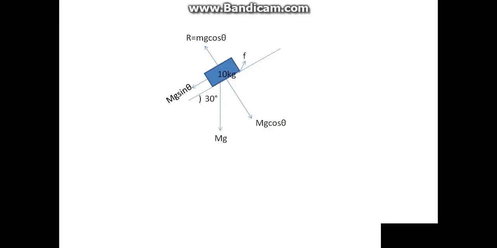Resolving the force of the body on the inclined plane, we have that the body of mass 10 kg is being pulled by a force mg sin theta down the plane, and the resistance force small f is trying to pull it up the plane. Then the normal reaction is equal to mg cos theta, and the weight of the body is mg.